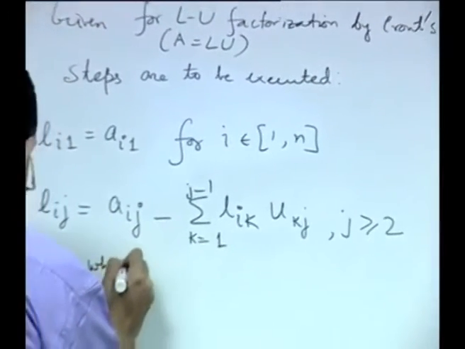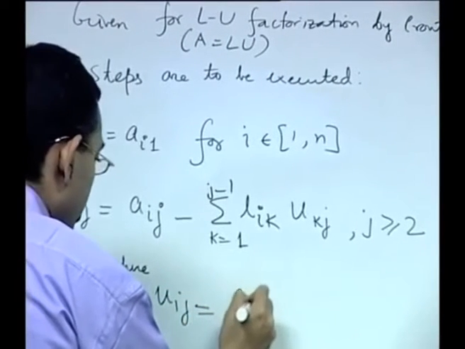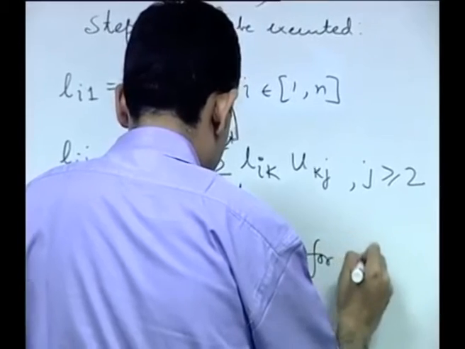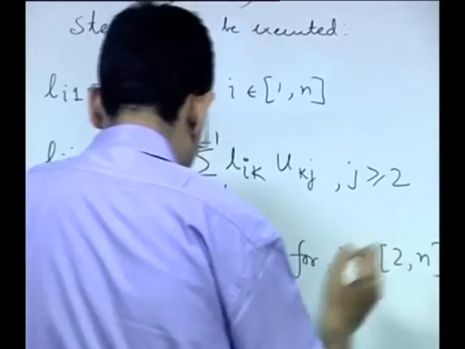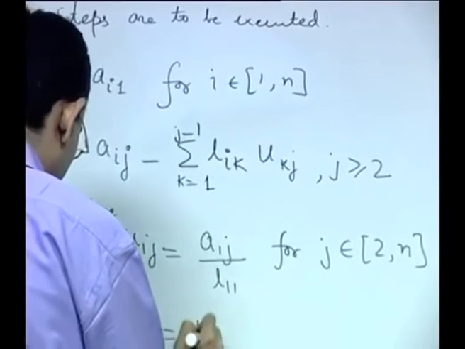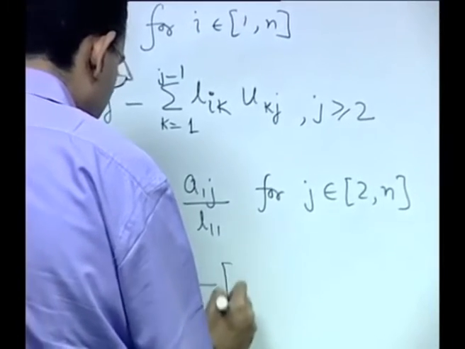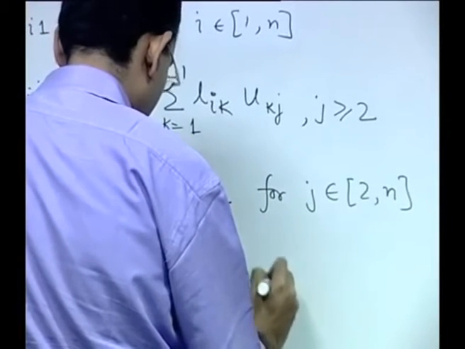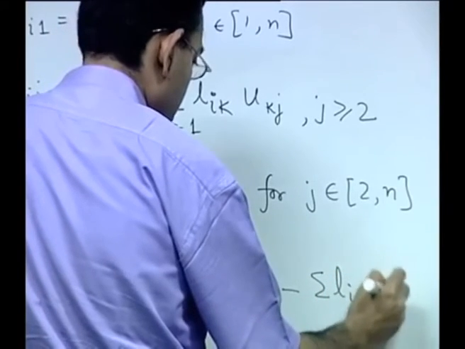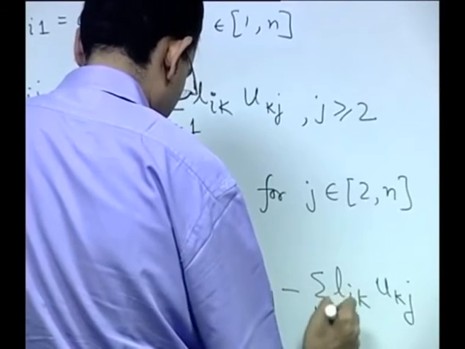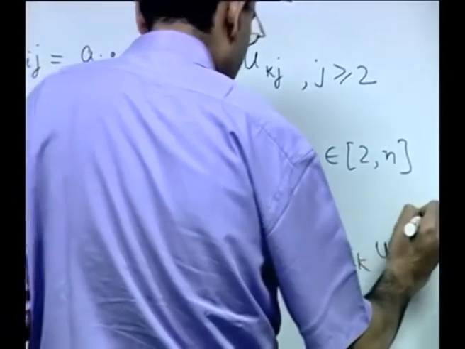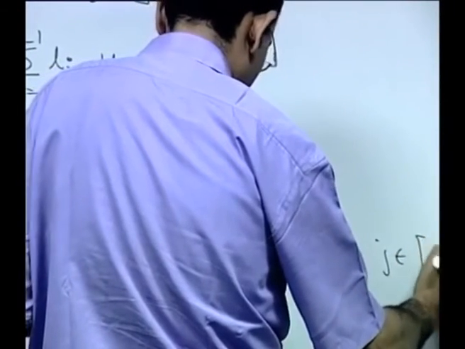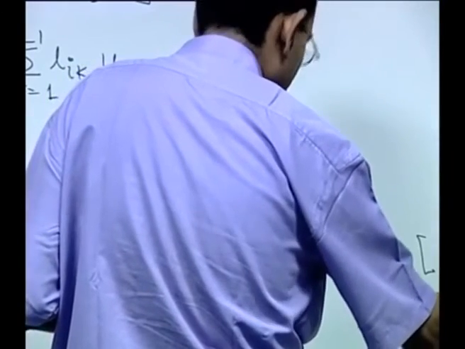where U1j is equal to A1j by L11 for j equal to 2 to n, and Uij is equal to 1 by Lii, for j is equal to i plus 1 to n and j greater than or equal to 2.